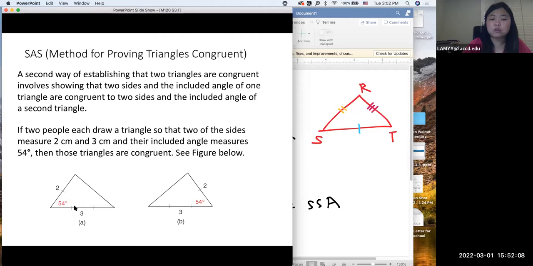One more time: side, angle, side. The angle has to be in between these two sides.